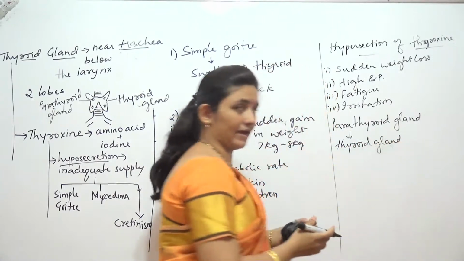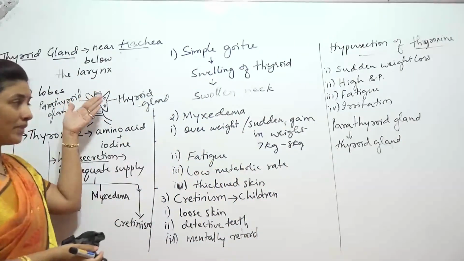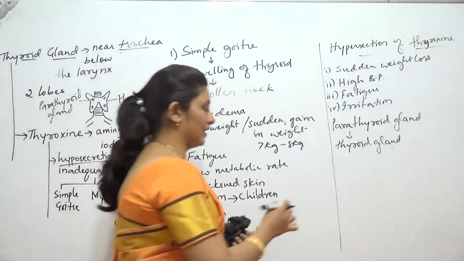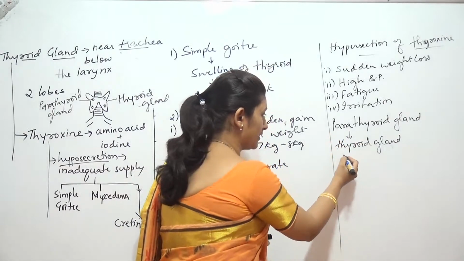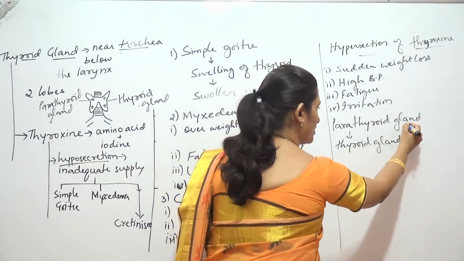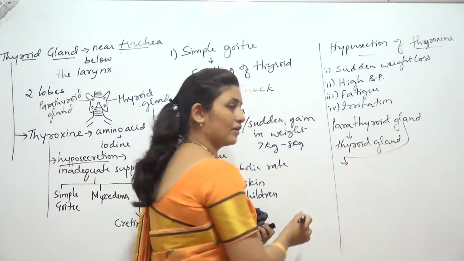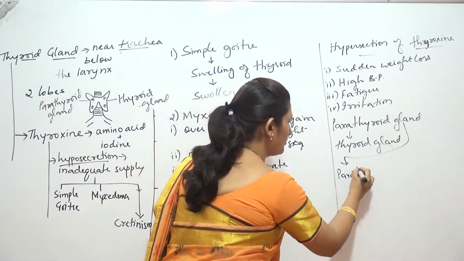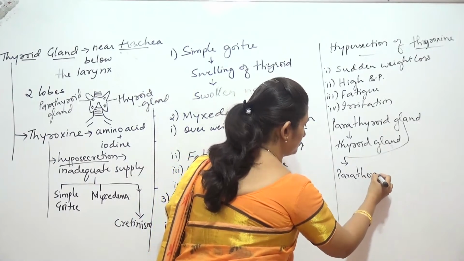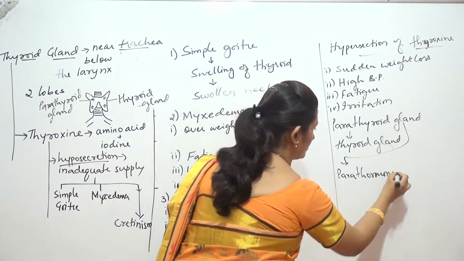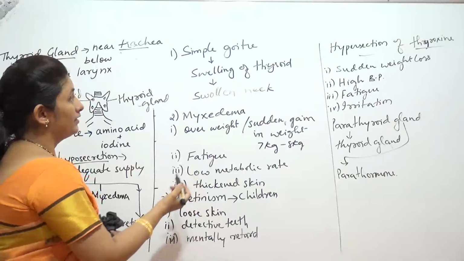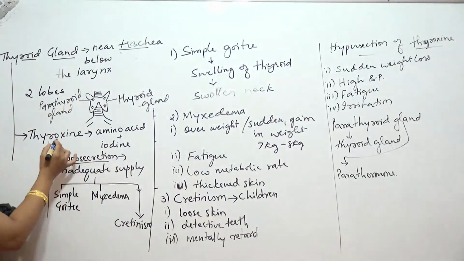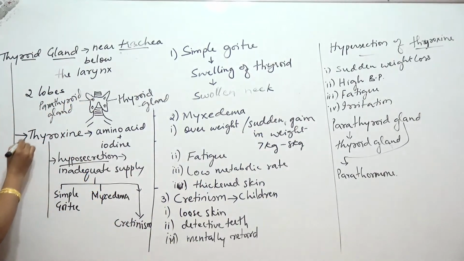On the dorsal side, in the sense the back side of the thyroid gland, within the thyroid gland to the back side. And its secretion: what is the secretion of this parathyroid gland? The secretion is parathormone. Just a minute here. Into the thyroxine, it is thyroxine which is secreted by the thyroid gland.